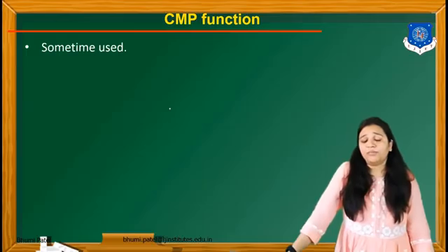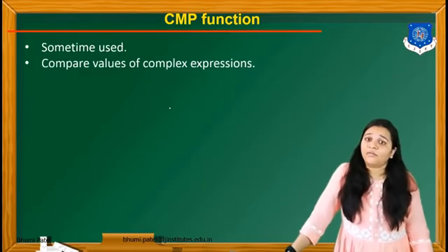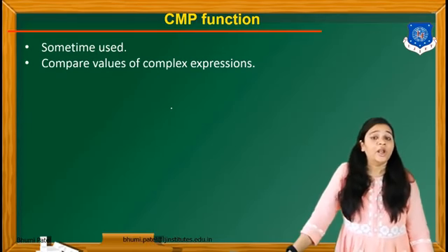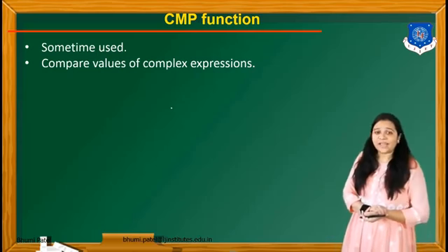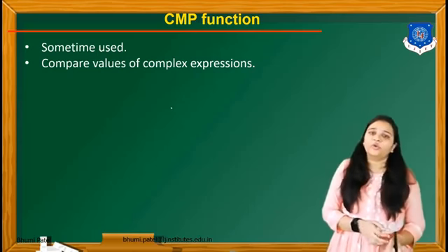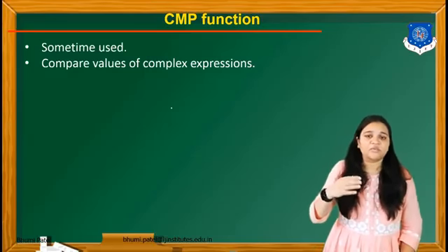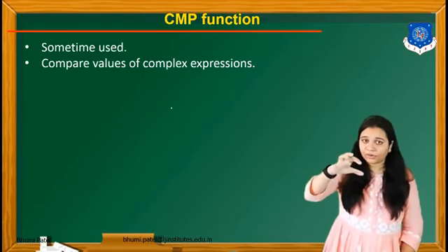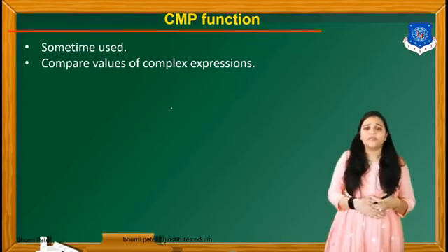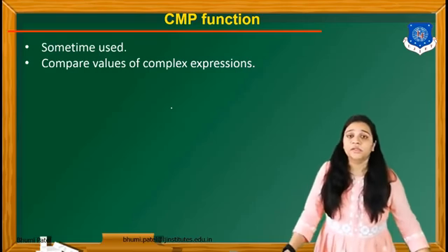Now the last one is the CMP function. It is sometimes used in the PLC programming that will compare the value of a complex expression. Now the example is like this manner. If we have to use the PID tuning in the PLC program, we have to derive the equation for the pre-controller, high controller, the controller, and for the different values of the PID, we have to tune the system.